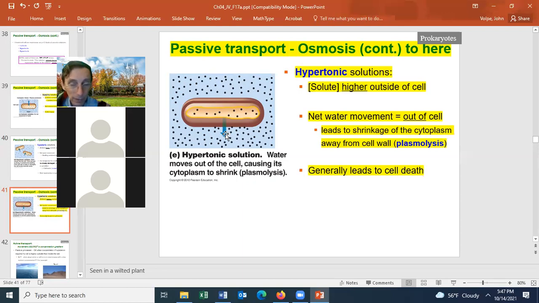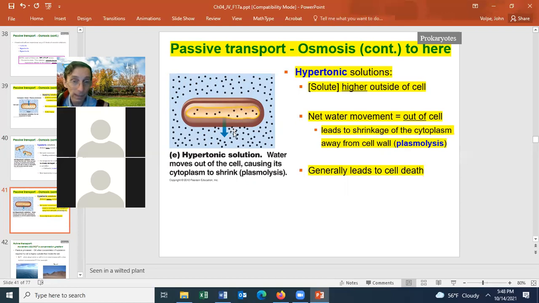This is what happens when you open up a bottle of molasses, and then the bacteria falls into the molasses from the air, and then you take the molasses and you put it at room temperature. Why the molasses does not spoil is the bacteria, when they fall into the molasses, water will leave the bacteria, and that will cause plasmolysis, the shrinkage of the cytoplasm away from the cell wall.